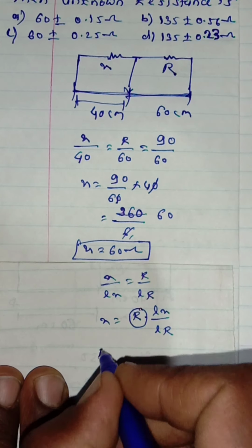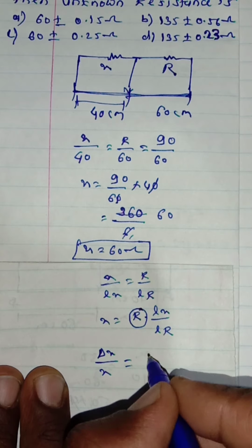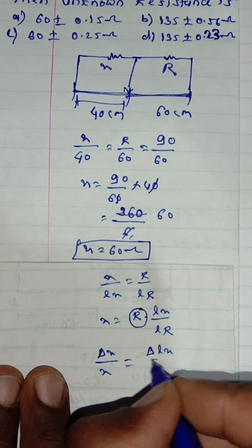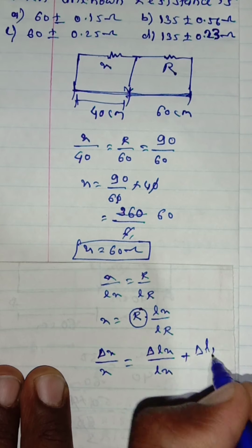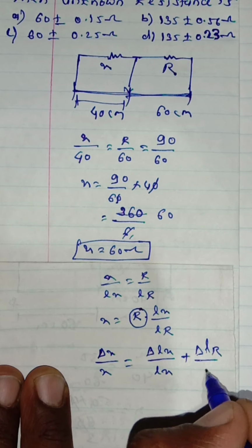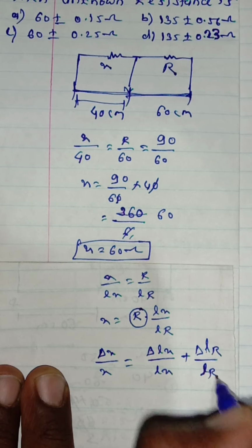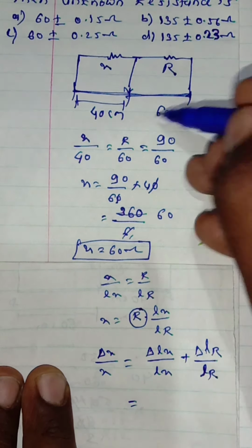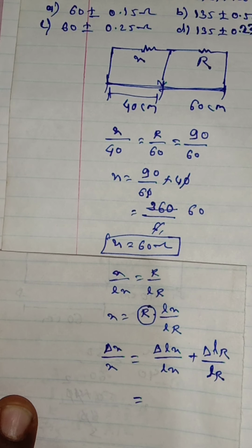Then delta x divided by x, by using the error formula, is delta Lx divided by Lx plus delta Lr divided by Lr. Okay, then Lx is 40 centimeter, but the least count of the wire is 1 mm.